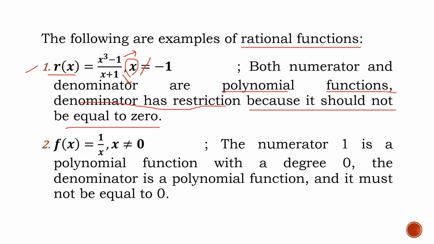If we put this -1 into this x, -1 plus 1 is 0. So we cannot put -1 as a value of your variable x here.